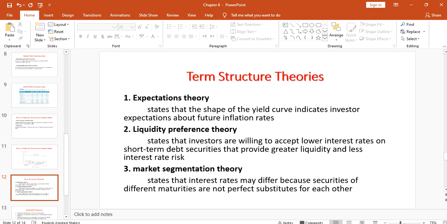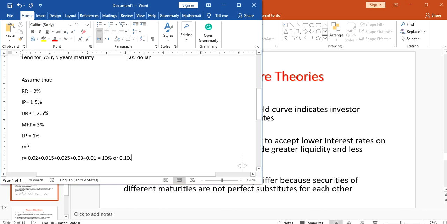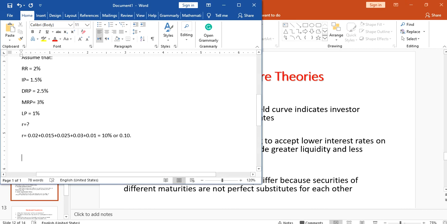We have another one. Liquidity preference theory states that investors are willing to accept lower interest rate on short-term debt securities that provides greater liquidity and less interest rate risk. Let me give you an example. We have a debt with high liquidity and R equals 11%.